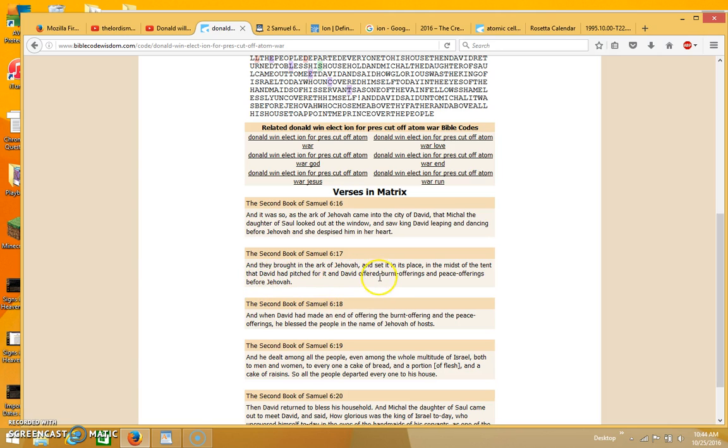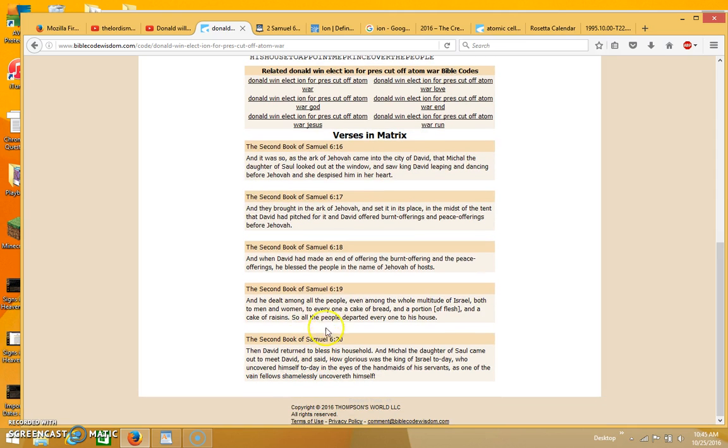And David offered burnt offerings and peace offerings before Jehovah. And when David had made an end of offering the burnt offering and the peace offerings, he blessed the people in the name of Jehovah of hosts. And he dealt among all the people, even among the whole multitude of Israel, both to men and women, to every one a cake of bread and a portion of flesh and a cake of raisins.